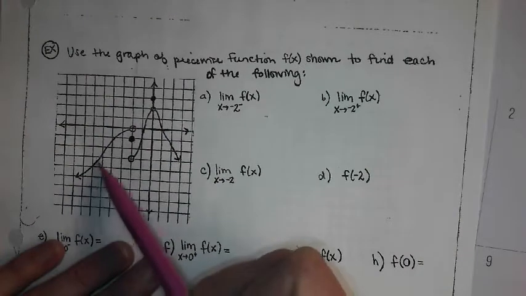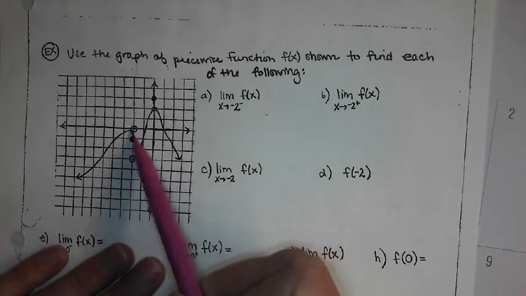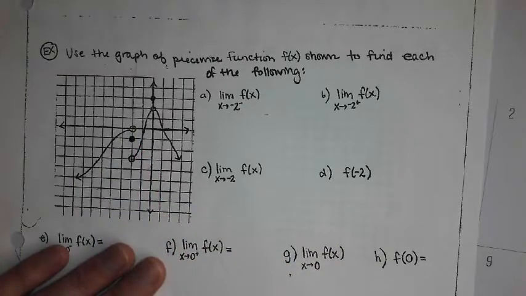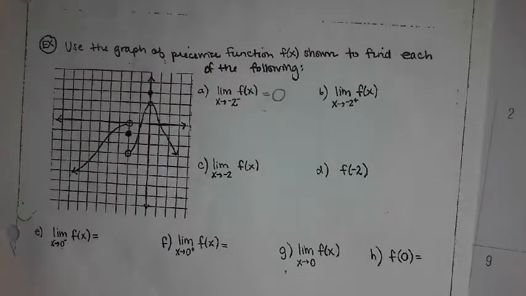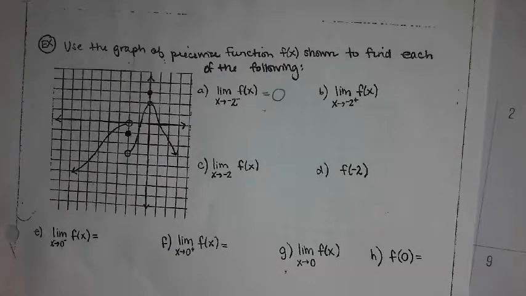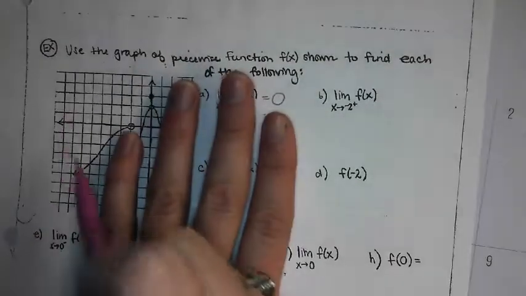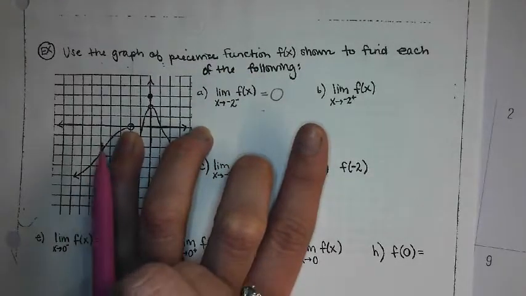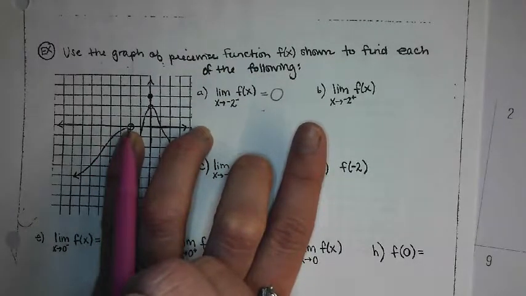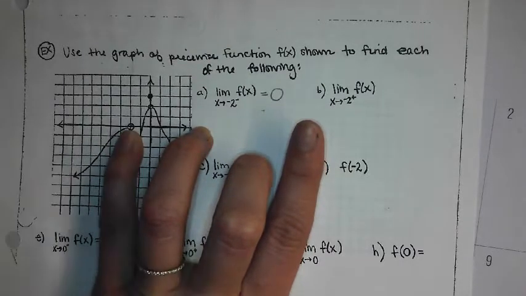What is the value if I'm approaching that from the left? 0. But you're just looking at approaching from the left, so don't let these other points throw you. The graph is infinitely getting closer to 0.